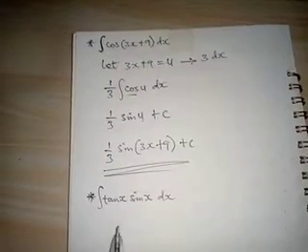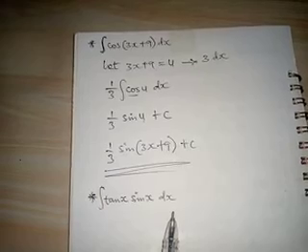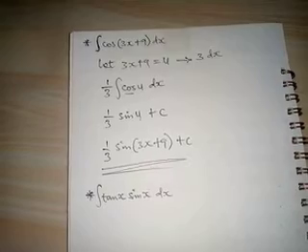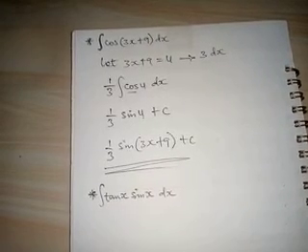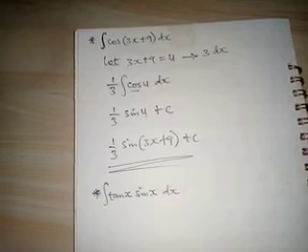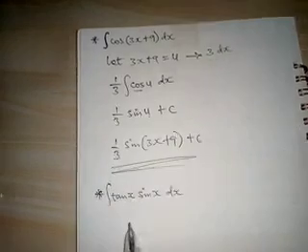Another question says integrate tan x sine x with respect to x. Now, we don't want to first of all go and start integrating tan x on its own, because if we integrate tan x, we're going to get negative ln cos x plus c. So it will really take us out of the scope of this question.